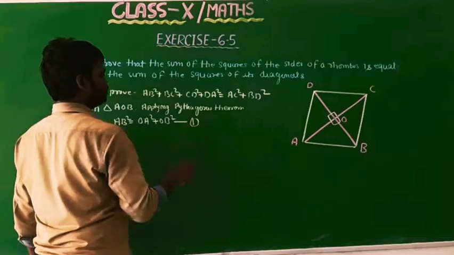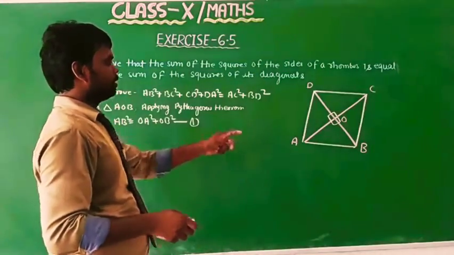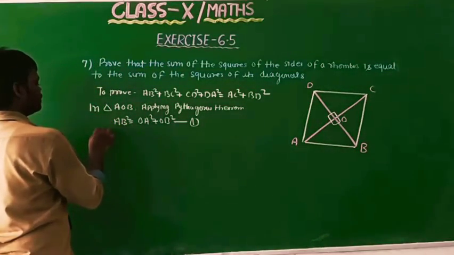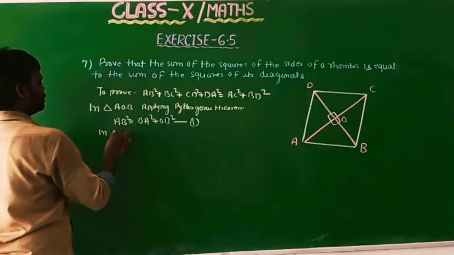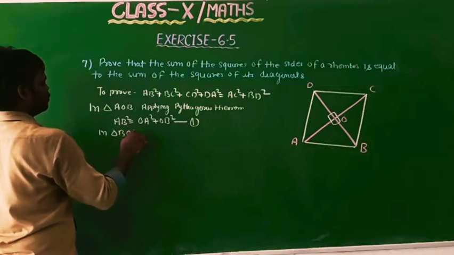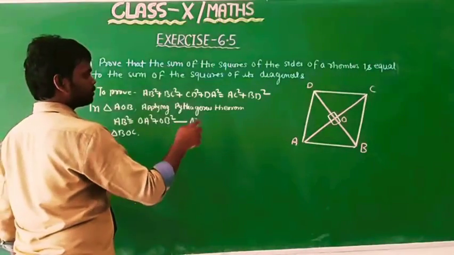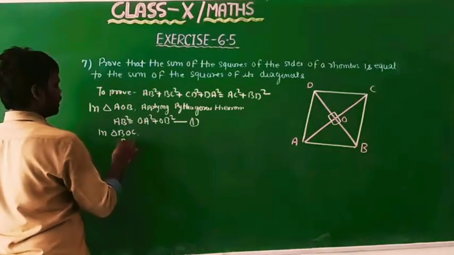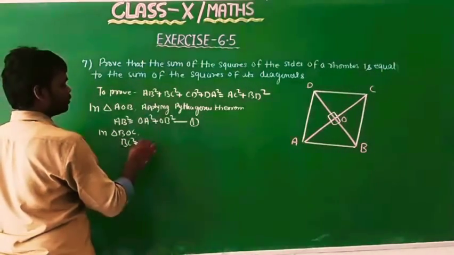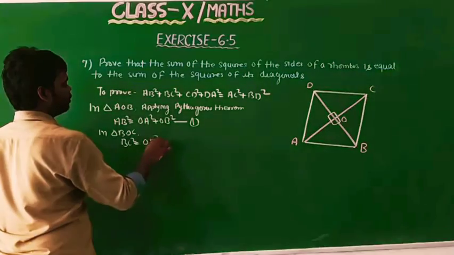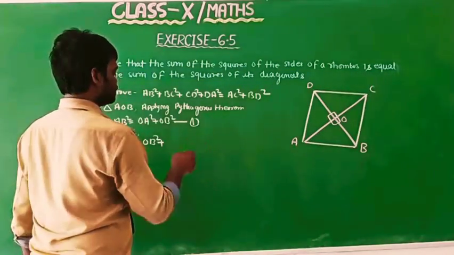Say this is equation number 1. Similarly, in triangle BOC, BC square equal to OB square plus OC square. This is equation number 2.